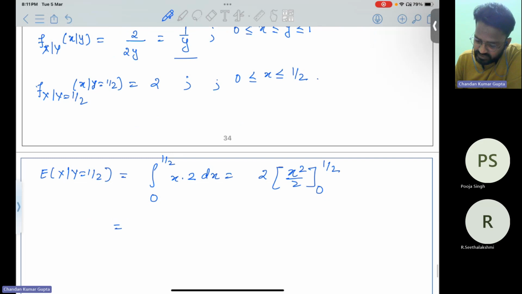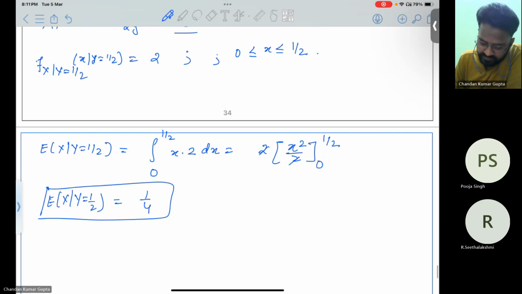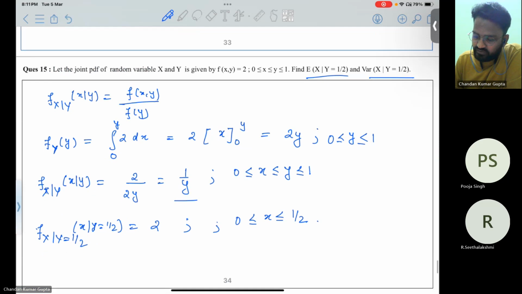The 2 cancels out, and this comes out to be 1 by 4. So the expected value of x given y equal to half is 1 by 4.